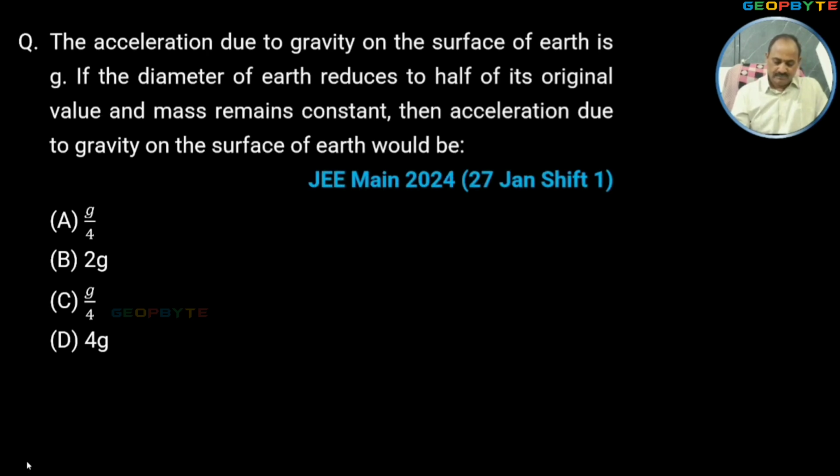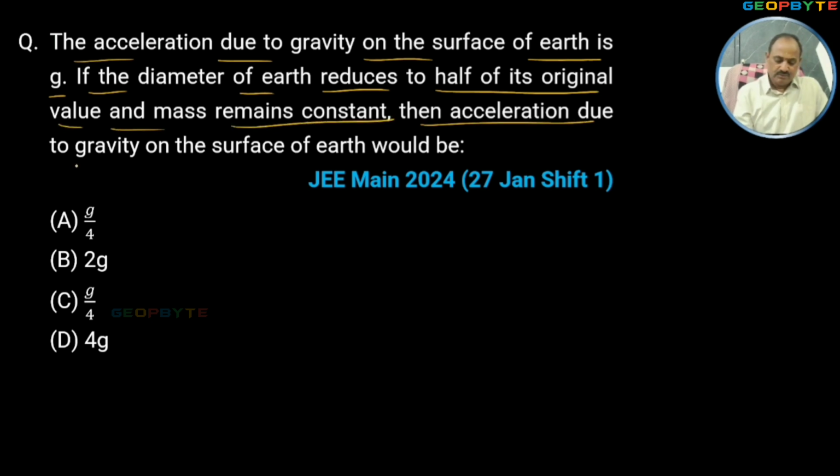Look at this problem. The acceleration due to gravity on the surface of the earth is g. If the diameter of the earth is reduced to half of its original value and the mass remains the same, then what is the acceleration due to gravity on the surface of the earth? The acceleration due to gravity on the surface of the earth is GM by R square.